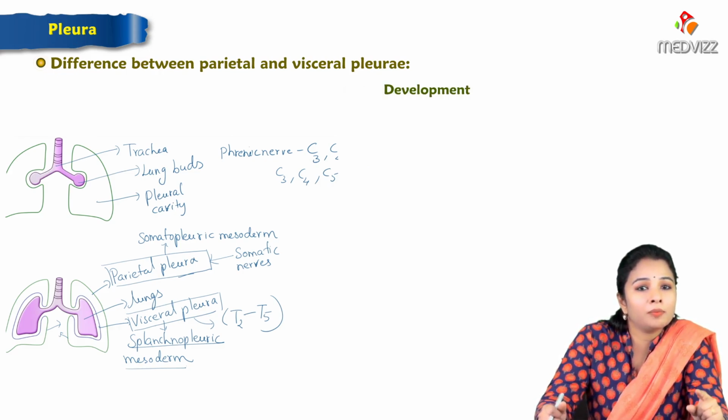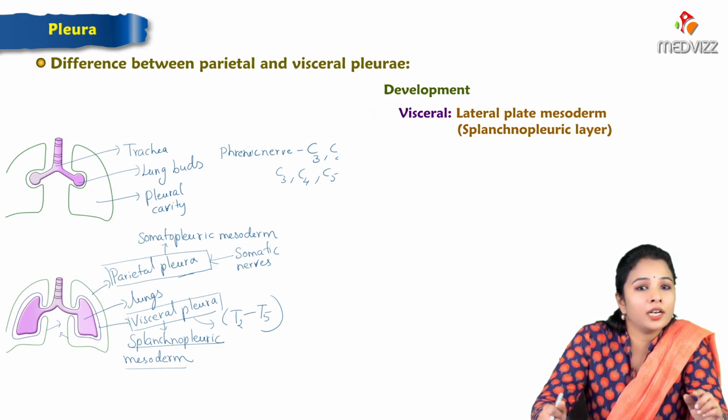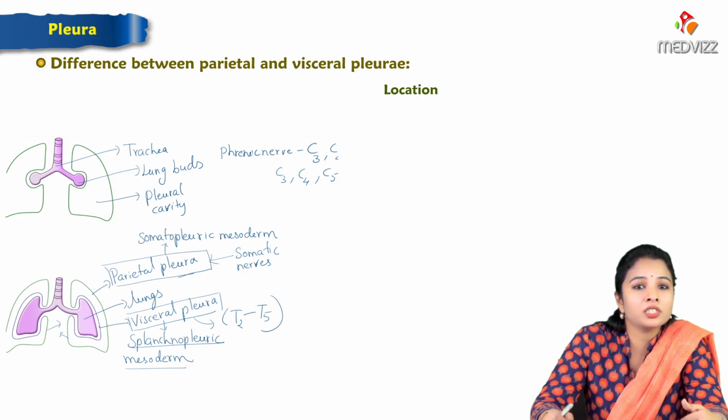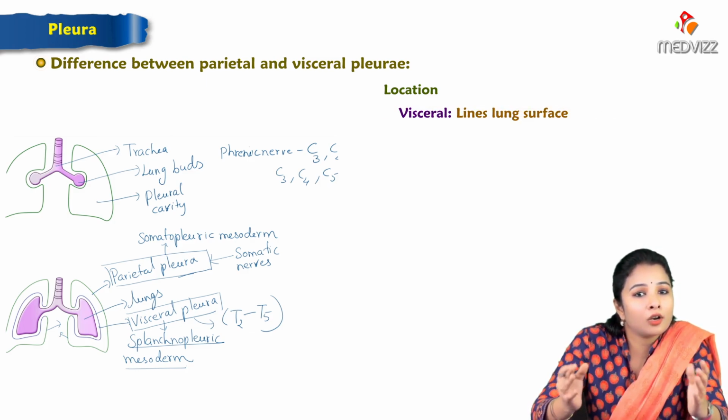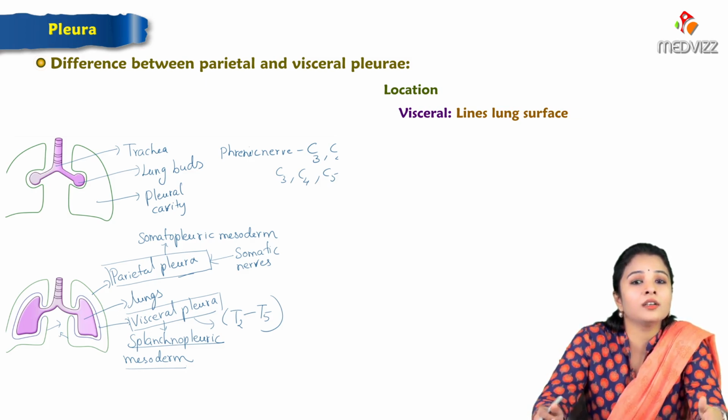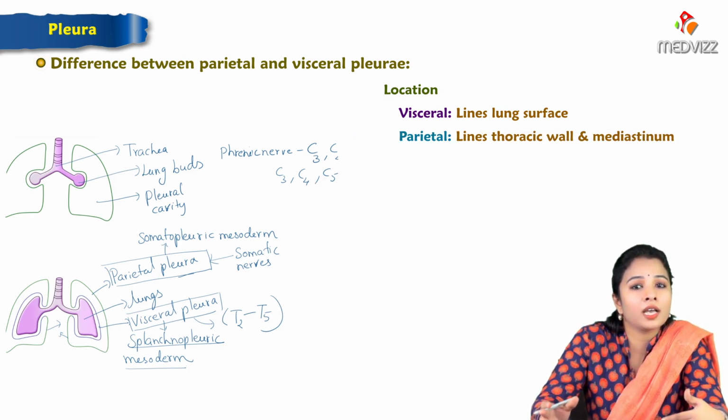The visceral pleura develops from splanchnopleuric lateral plate mesoderm. The parietal pleura develops from somatopleuric lateral plate mesoderm. In location, the visceral pleura lines the surface; it is intimately attached to the surface of the lung, whereas the parietal pleura lines the thoracic wall and the mediastinum.